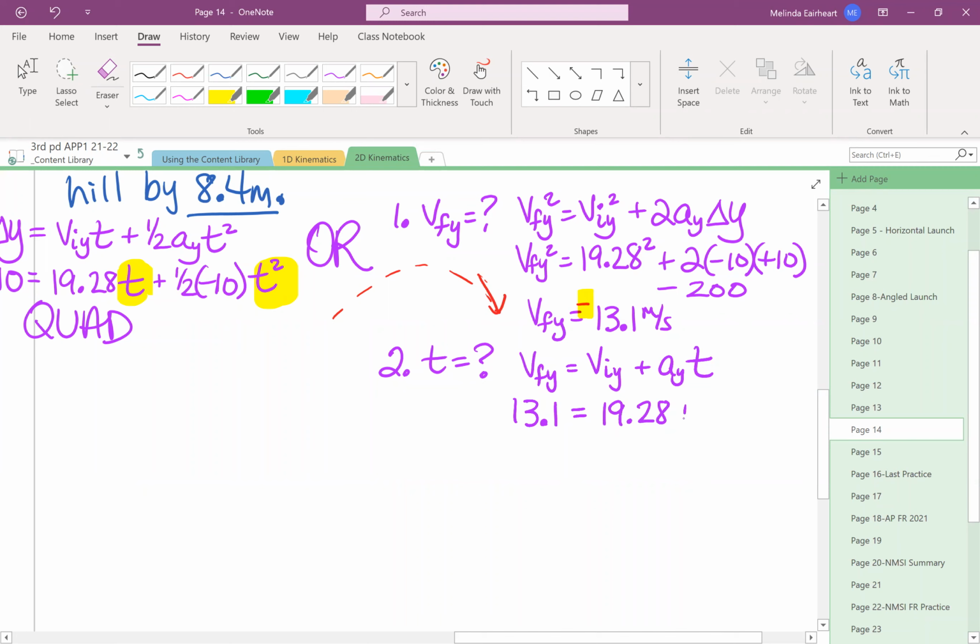Notice you'll have to subtract 19 from 13. So let's just call that negative 6-ish. And you divide by negative 10-ish, we're going to get a positive time of 0.6-ish. But that's wrong, okay?